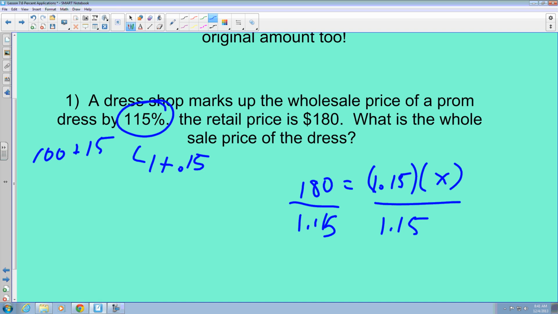And so 180 divided by 1.15 equals $156.52. Okay? Which makes sense. If you were to take 156.52 and multiply it by 1.15, you should get something very, very close to 180 because I rounded.